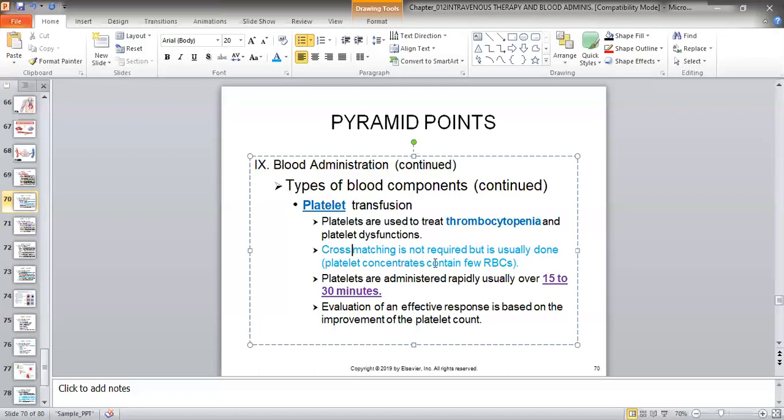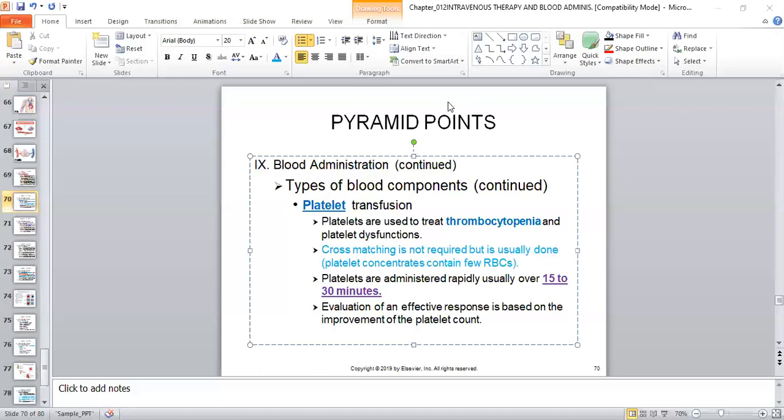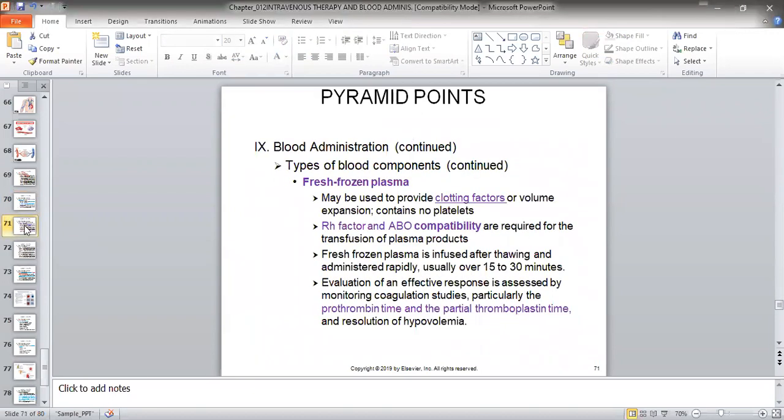Platelet concentrate contains a few red blood cells, but if a patient needs blood administration, it is a routine test to determine donor compatibility, right? Typing the blood and cross matching. Platelets are administered rapidly, usually over 15 to 30 minutes, right?